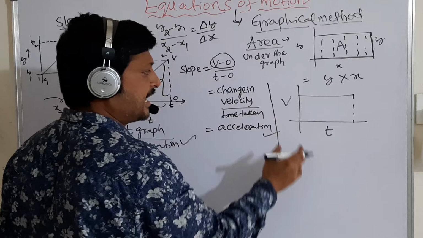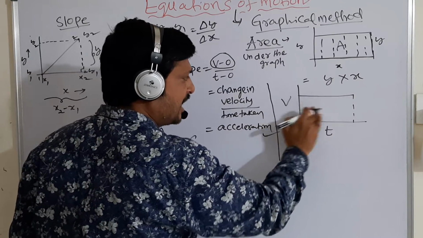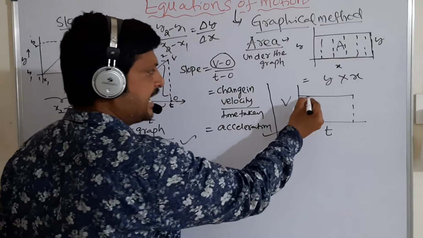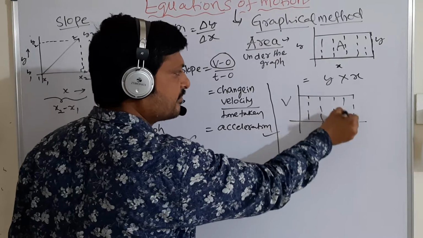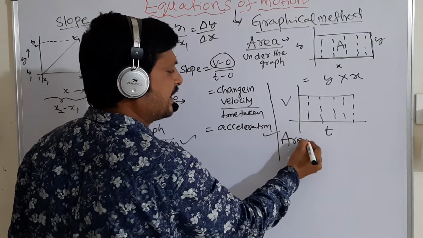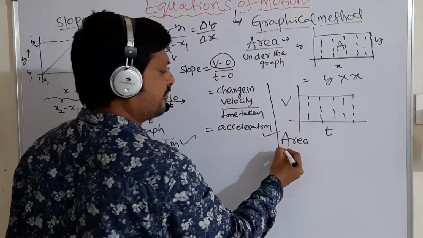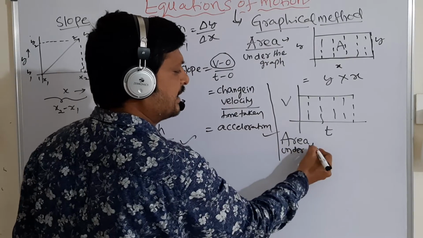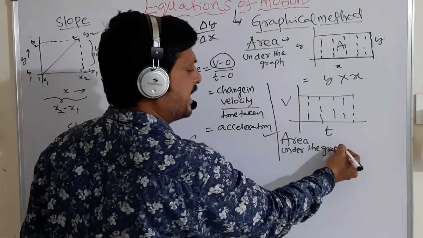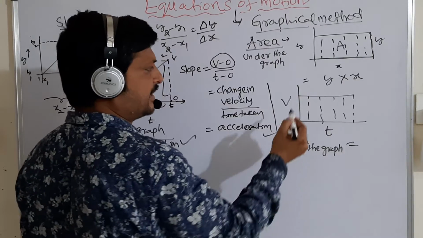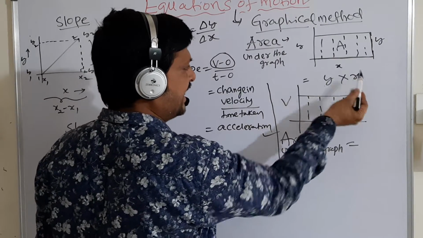Now we want to find the area under the graph. Area under the graph is nothing but a product of y-axis and x-axis.